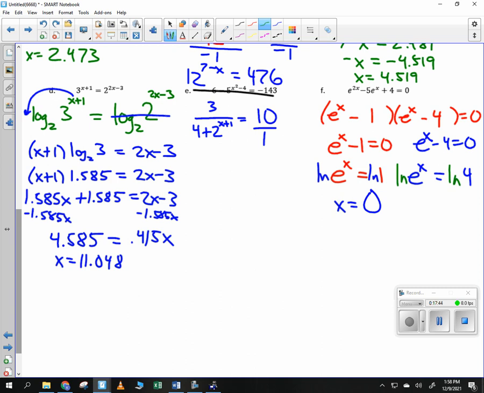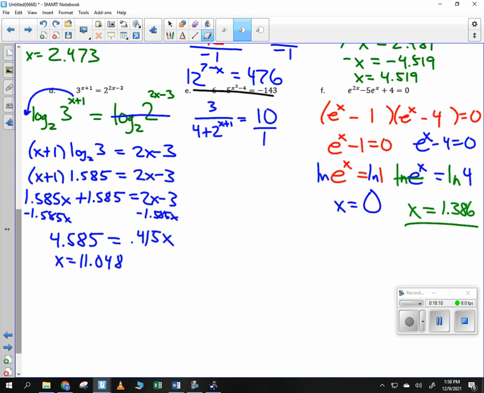Natural log both sides, and we get x is equal to 1.386. Yes, you have 2 solutions in that situation. Where did you get the final 1.3? Took the natural log of 4 on the calculator?